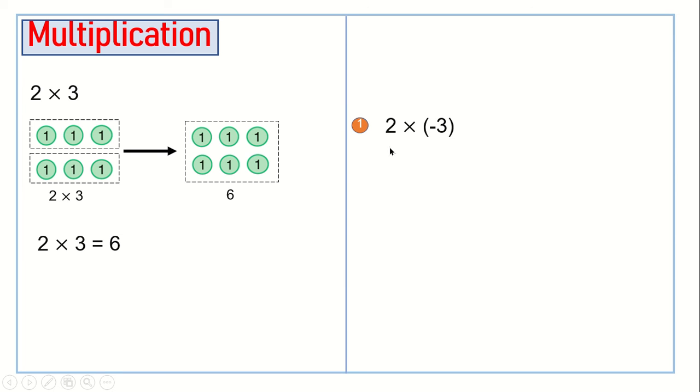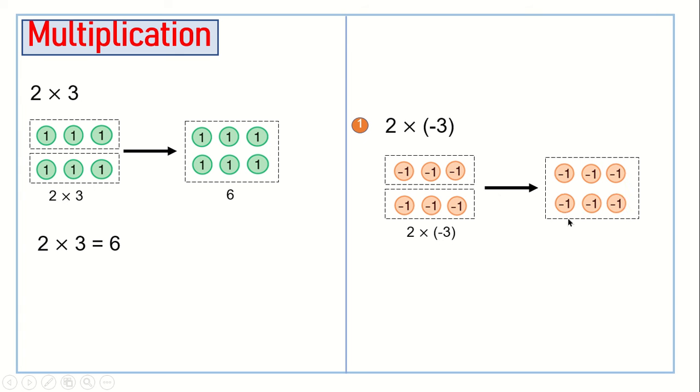This actually means two groups of negative 3. So now we have one group of negative 3, and then we get two groups of negative 3. So you can see that all together we have got negative 6.